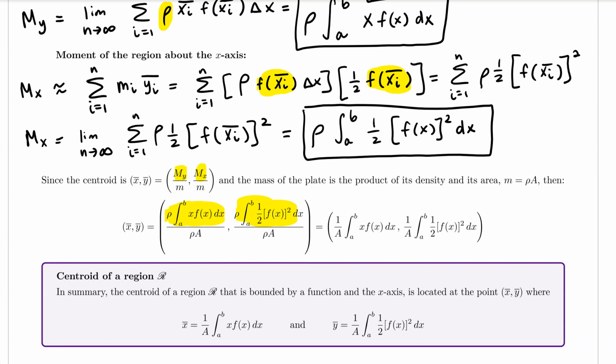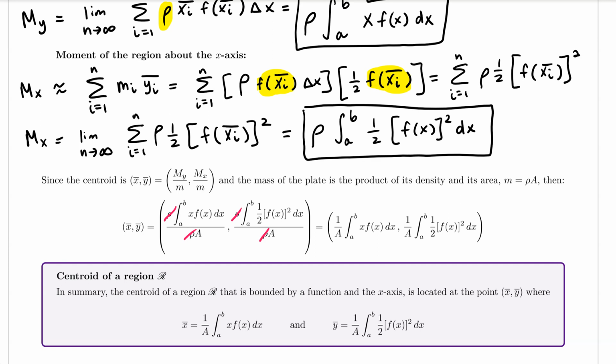Those are the integrals that we just did in our calculations. And as you can see, because we're dividing by mass, which is equal to the density times the area, notice that both the numerator and the denominator have the density rho.